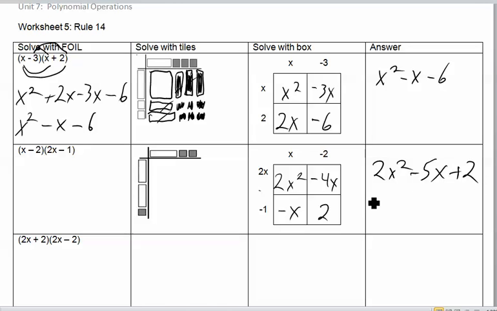So if we look here, we go x times an x is an x squared. We're going to do that twice. And then x times a negative 1 is a negative x, and we're going to do that 4 times.